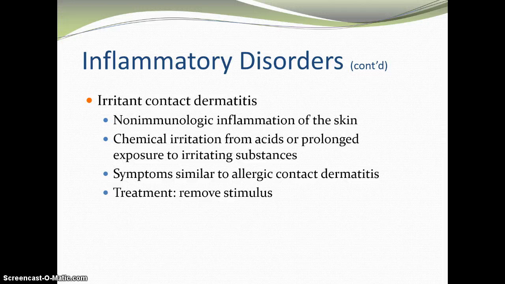So all we have to do is tell the nurses not to wear latex gloves, and the allergy goes away, or the irritant goes away, and they do not have that irritation anymore. Most hospitals these days do not have latex in the hospitals, which is good because of this. So most hospitals are latex free. But you need to check with your facility where you work to see if it is or not.